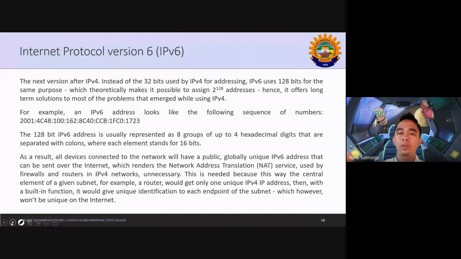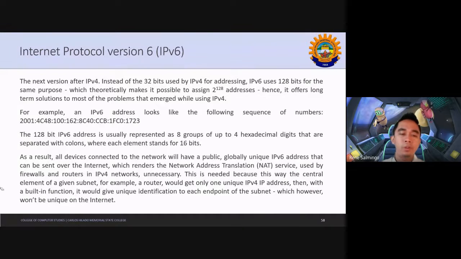So we use 32 bits, all of the maximum value in version 4, while version 6 uses 128 bits for the same purpose. So now in version 6, it's possible to provide 2 to the 128 addresses, which came along to provide a long-term solution for the depletion of IP addresses in version 4.